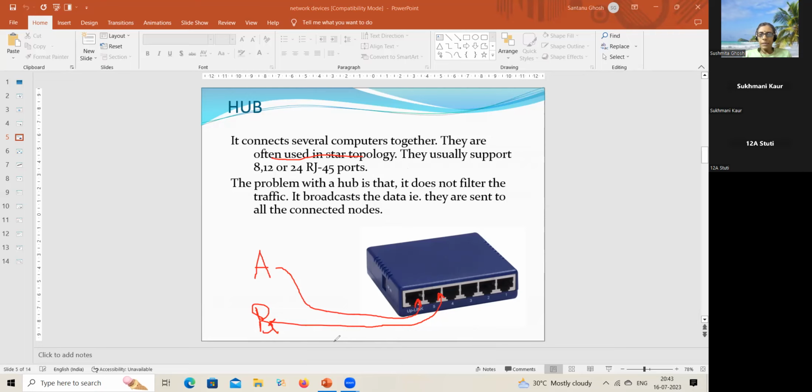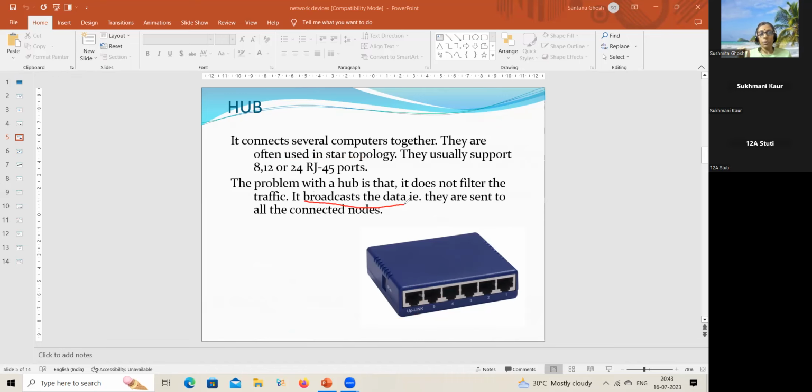What happens is that you are releasing a lot of traffic on the network. So congestion increases. And if the transfer is too much, and the number of machines is too much, it will cause a lot of traffic congestion. That is why we do not prefer to use hub in the case of more machines. The only place we use it is with fewer machines, the reason being it broadcasts the data.